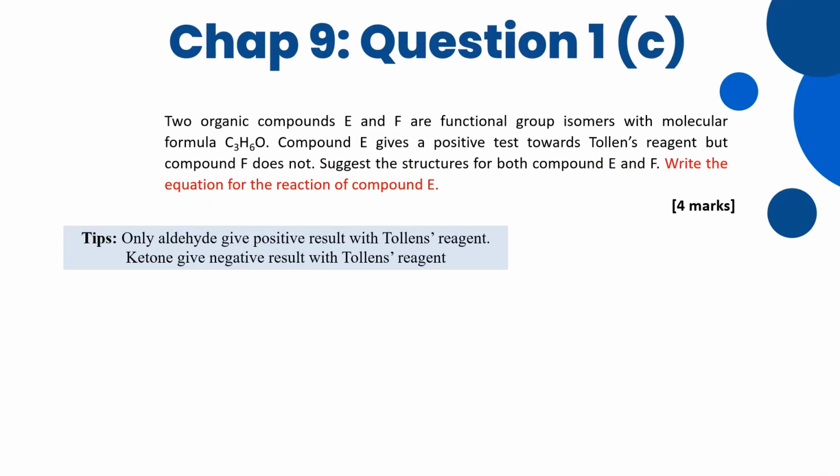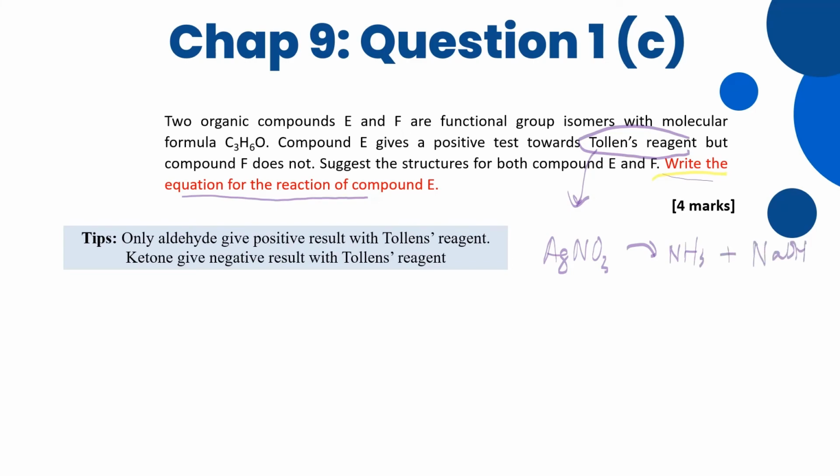Okay, for the second part of the question, they ask you to write the equation for the reaction of compound E with Tollens reagent. Do you still remember Tollens reagent? We dissolve silver nitrate in ammonia, NH3, and we also add sodium hydroxide.